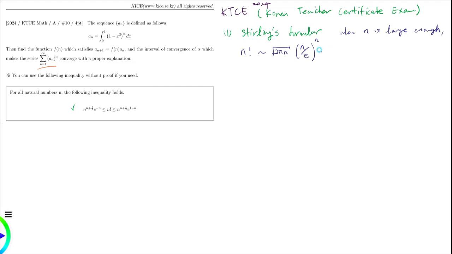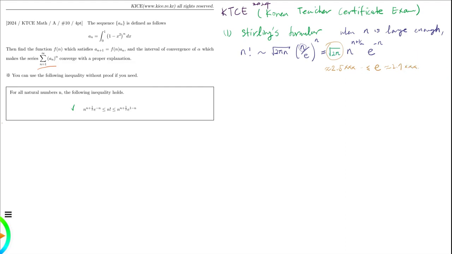If I separate the constant part, which is square root of 2 pi, the rest is n to the n plus 1/2 power times e to the minus nth power. Since square root of 2 pi is approximately 2.5, it is obviously less than the natural constant e, which is approximately 2.7.